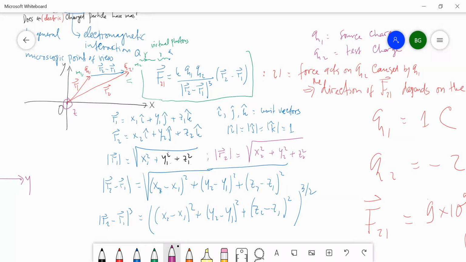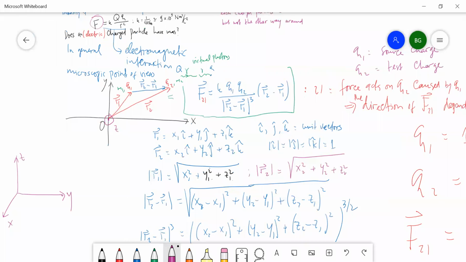This is the convention of this coordinate system. We call it the right-handed coordinate system.